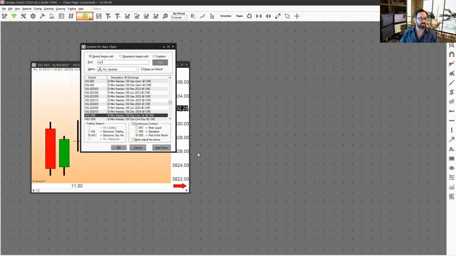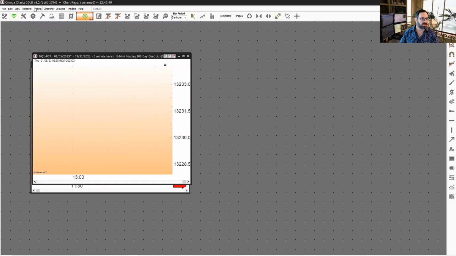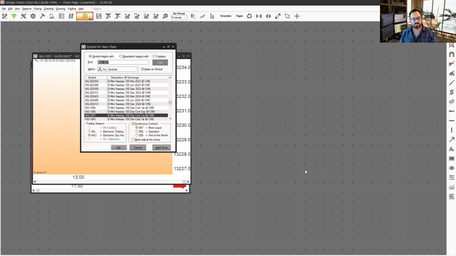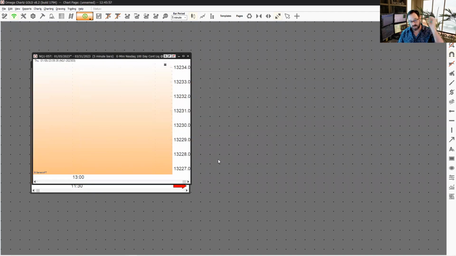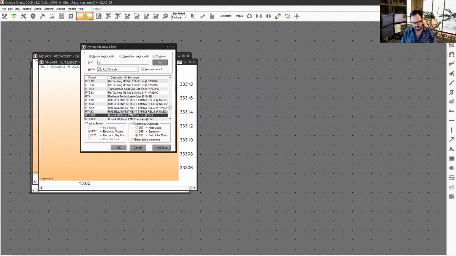NQ1 continuous. Bingo. Another chart, YM1. I'm just creating continuous contracts on the 4 equity indexes. And the last one, it's RT1.